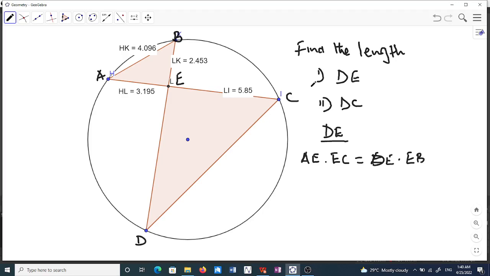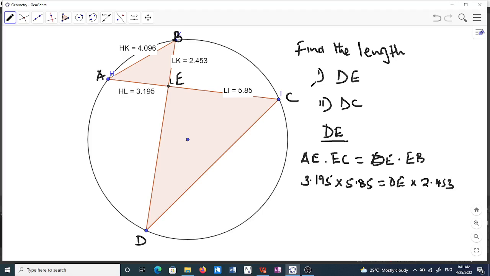Which means that we have AE, which is 3.195 times 5.85, which must be equal to DE, which is missing, times EB, which is 2.453.